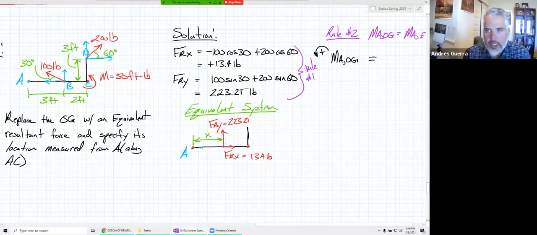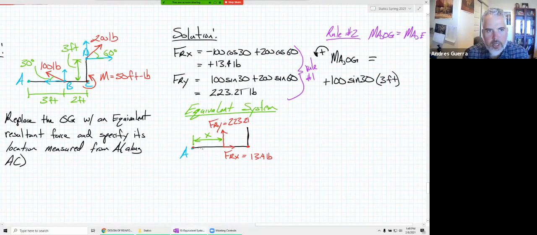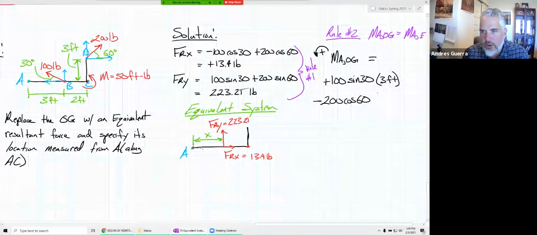And so if I take the 100 times the sine of 30, that's the Y component, that's going to cause a positive moment, and the moment arm is going to be 3 feet. For the 200, let's look at our 200 times the cosine of 60. So we'll look at the X component first. That's going to cause a negative moment, and the moment arm is going to be 3 feet.